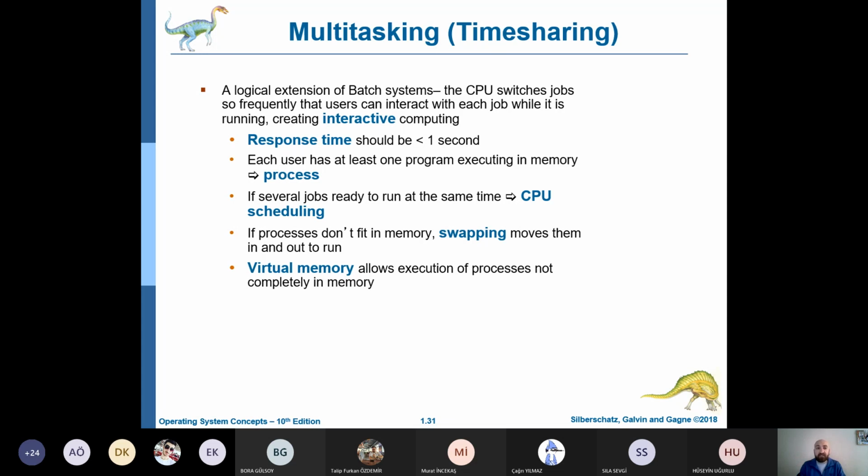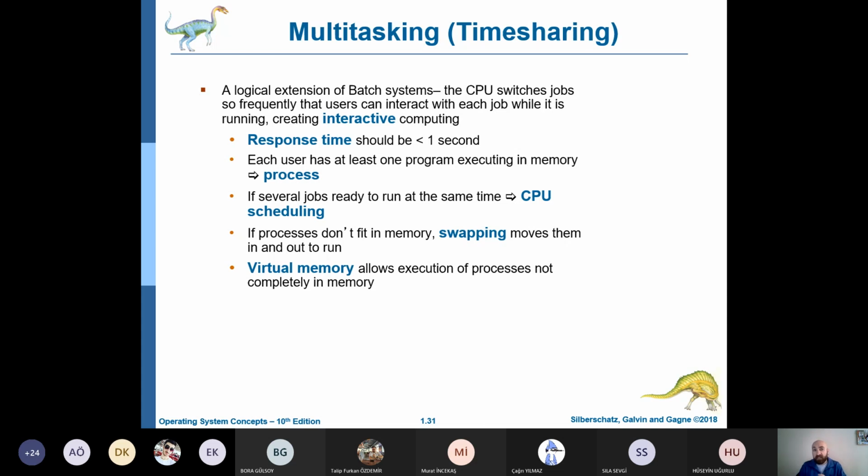We just consider, with our human eyes, that the programs are running concurrently. Having several processes in memory at the same time requires some form of memory management, which we are going to cover in the next chapters.